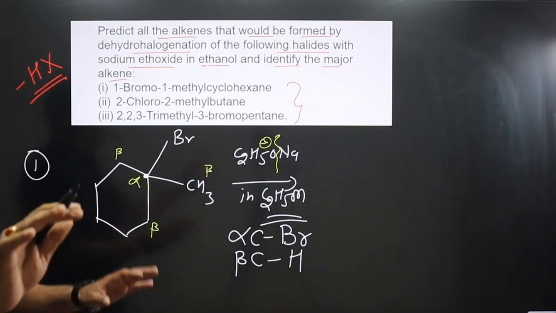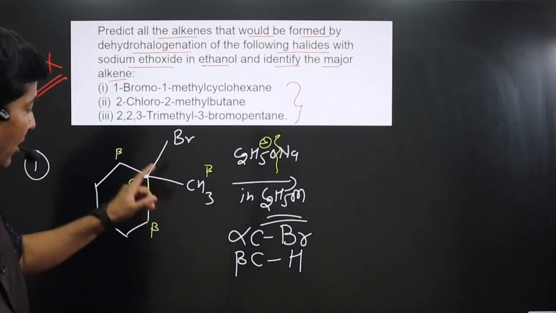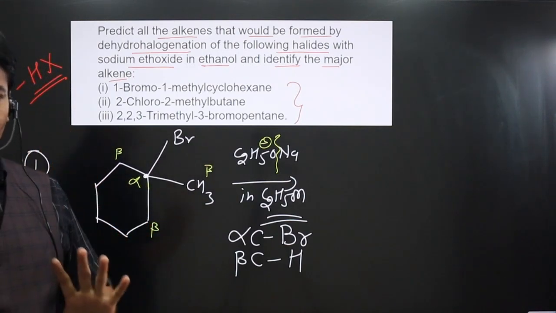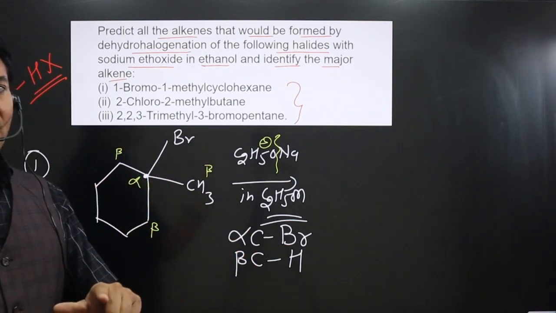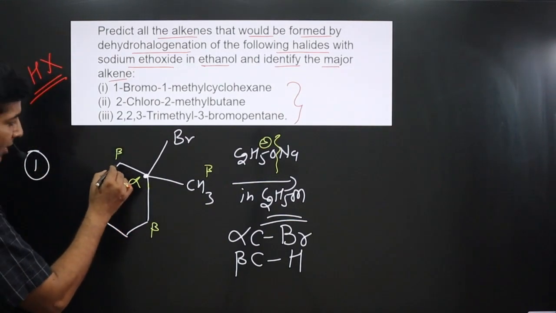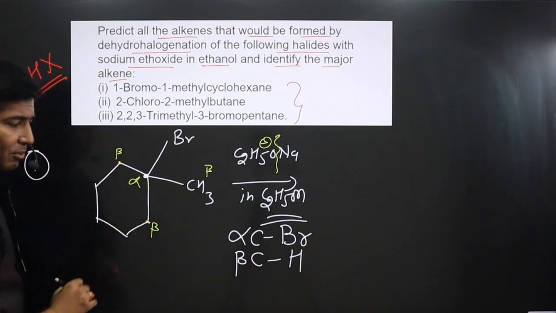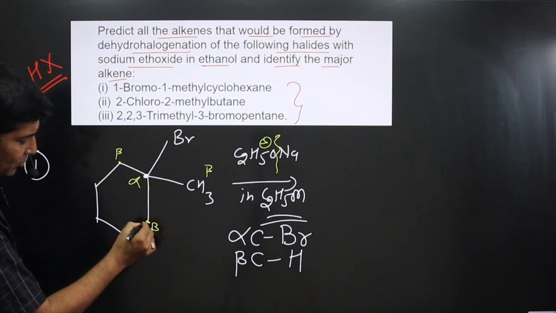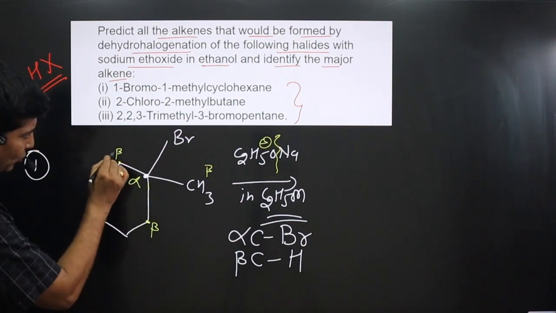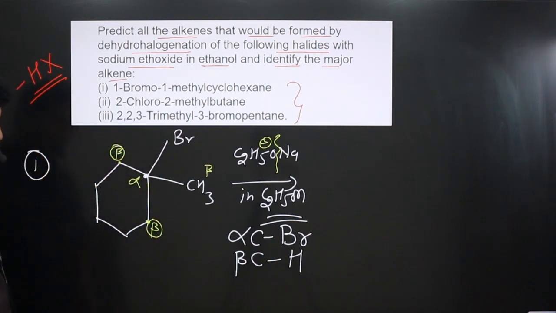Keep in mind, the products formed in an elimination reaction depend on the number of different beta carbons. If the beta carbons are the same, only one product is formed. If different beta carbons are there, then different products are formed. These two ring beta carbons are both CH2, so they are the same, and from them we get one product.